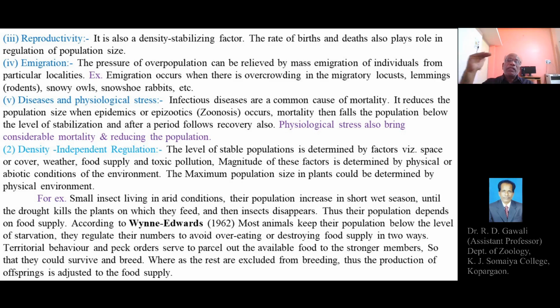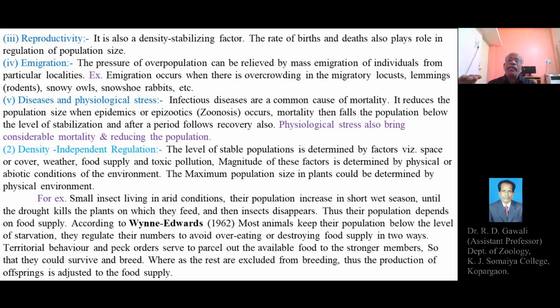The maximum population size in plants could be determined by the physical environment.